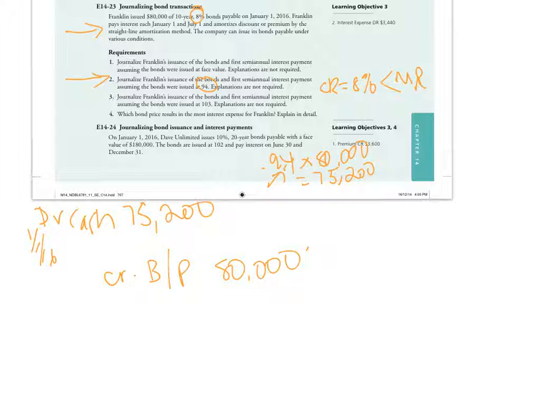For now, just assume that that's correct, that the 6% reduction in the face represents the additional amount of interest that the investor requires to actually buy our bonds. So then that discount is actually a debit balance account. So we're going to put the whole thing into the discount on bonds payable account. And if that's the case, the total would be 4,800.